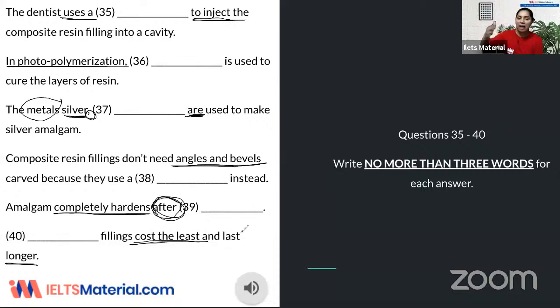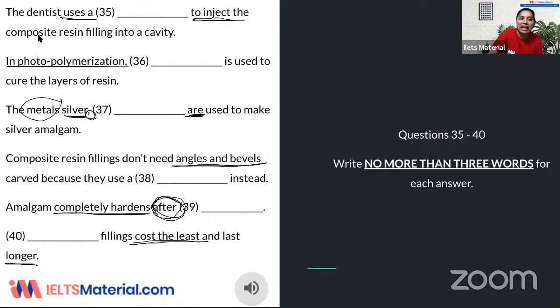So the effective time is longer, right? So focus on these underlined keywords and then find the answer. It would become easy for you to get the answer and you can write it very quickly.